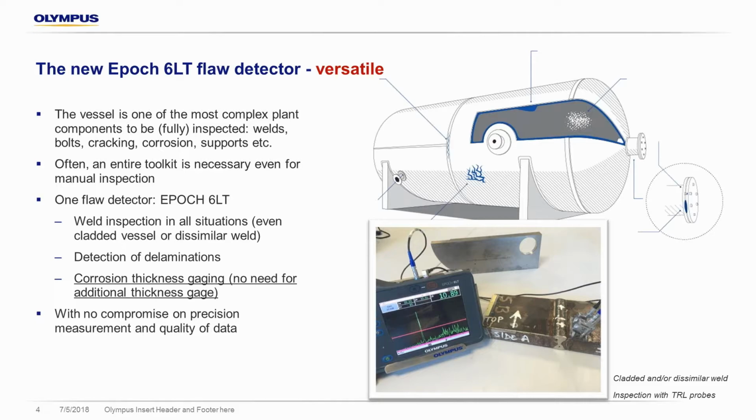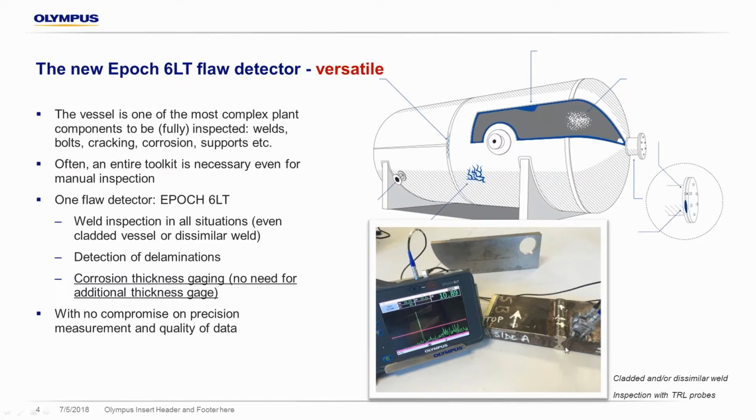About the versatility of this instrument, take a classical case of inspecting a vessel, onshore or offshore, in a chemical plant or in a refinery. We all know that this would be one of the most complex components to be fully inspected, because you can find all the applications from welds to bolts, cracking, inspecting for corrosion, inspecting the supports, the flanges, and so on.